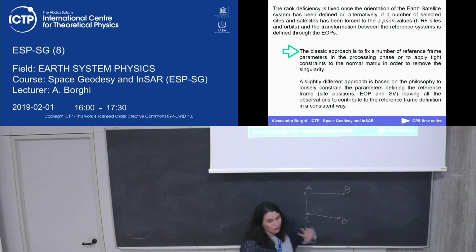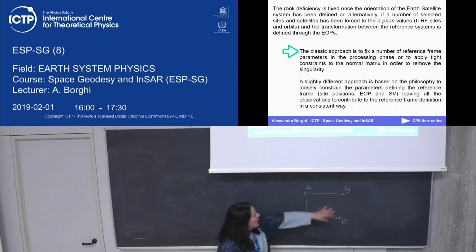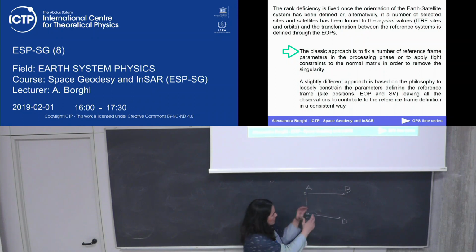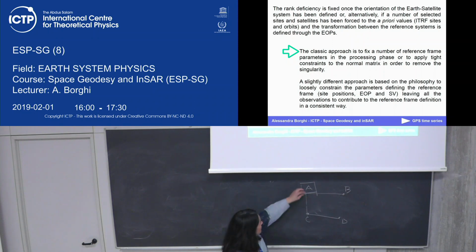And we want to know 4 parameters for each component. So we have to fix. We know the relative position, but one method to fix this problem is, for instance, fixing the coordinates of a point.